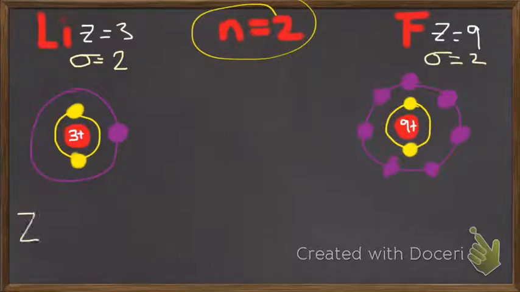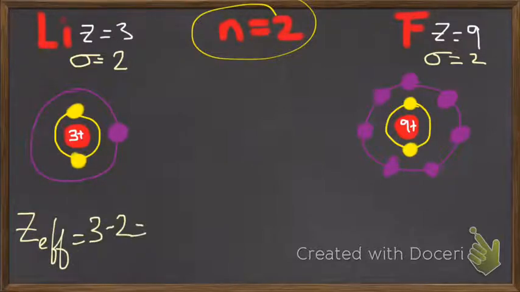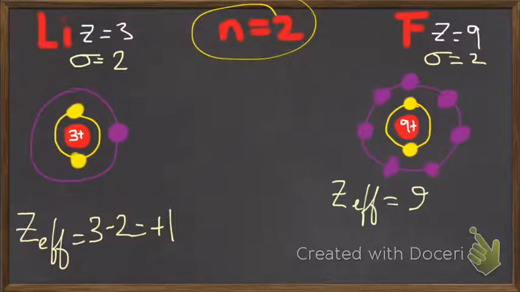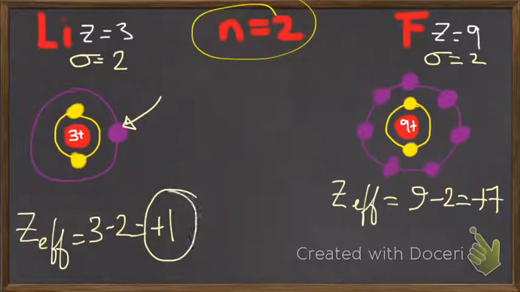So now let's figure out Z effective for lithium. It's 3 minus 2, which would be approximately positive 1. Let's figure out the Z effective for fluorine. It's 9 minus 2, so it's approximately positive 7. So what does that really mean? What that really means is this one electron in lithium only feels the pull from approximately one proton.